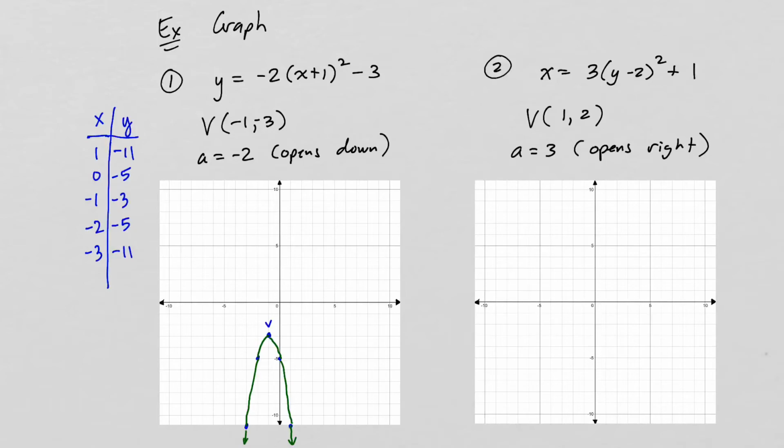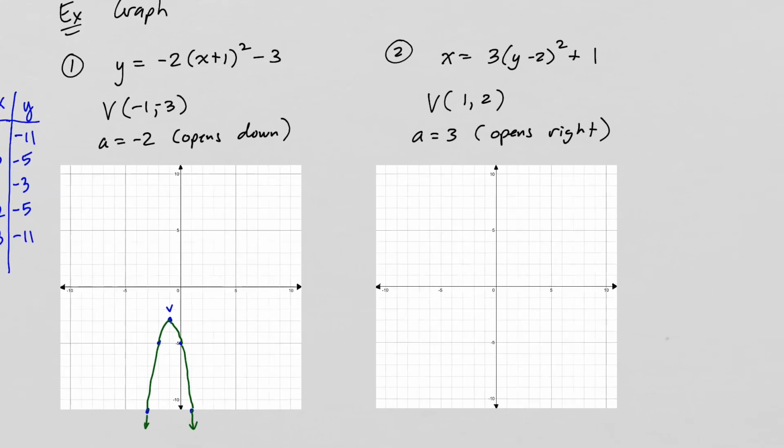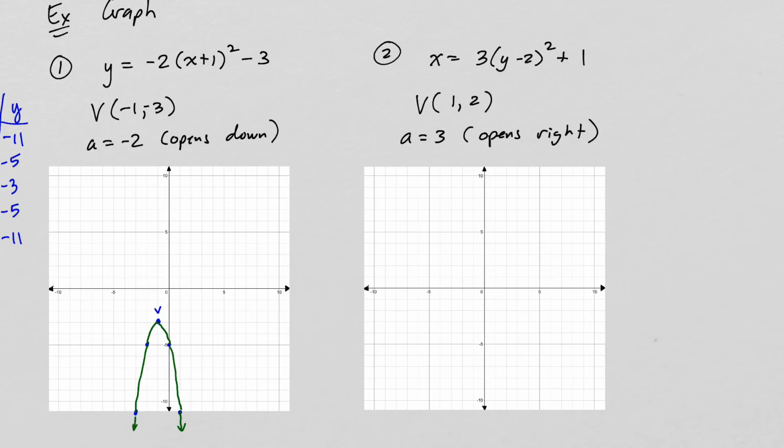All right. Our next example, number 2 here, is a parabola with a horizontal axis. And we can tell because it's x equals a y squared instead of y equals an x squared. That's the main difference. Now, what are the coordinates of the vertex? Well, again, we know we have to take the opposite of negative 2 here, which is positive 2.